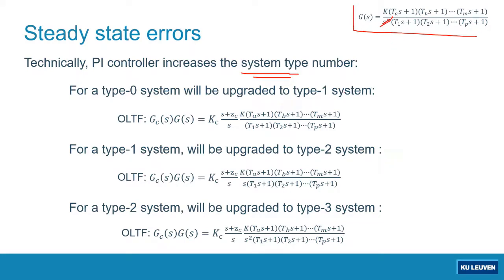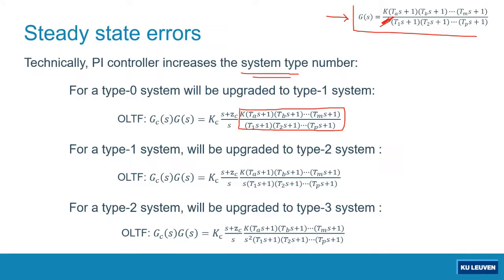If we have a type 0 system, then obviously our open loop transfer function will look like this without this term. This is exactly what I have already written in this part. So this corresponds to the transfer function of GS, where GS is a type 0 system.